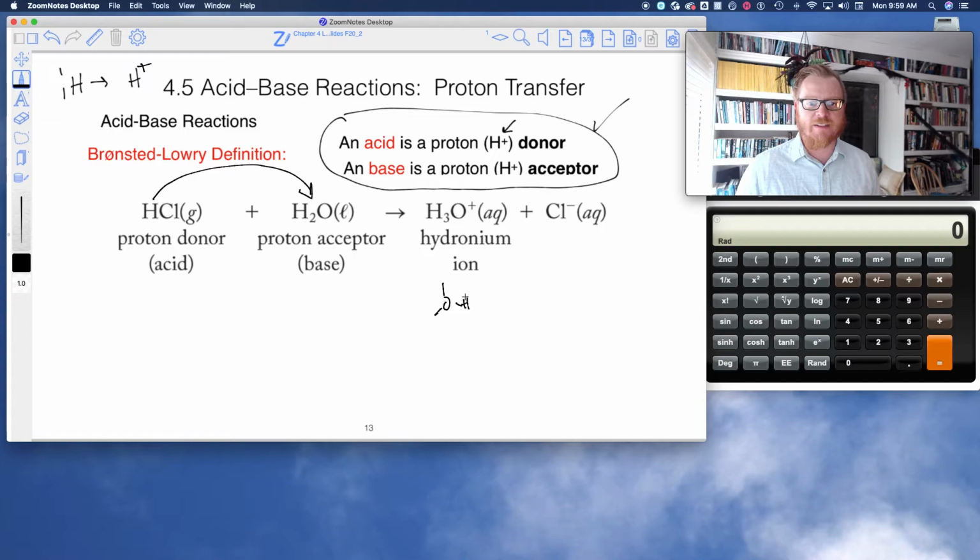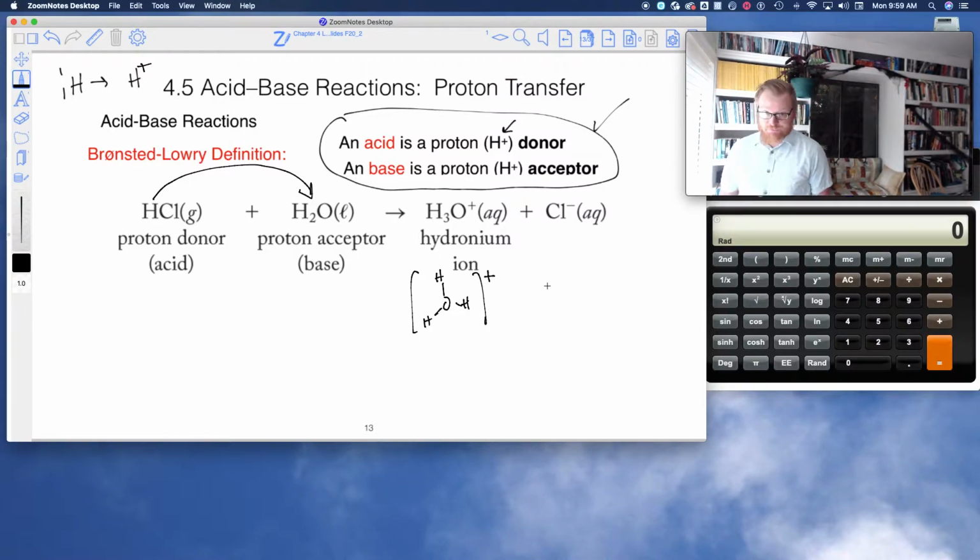It's an oxygen surrounded by 3 hydrogens, and it has a positive charge, okay? And then, of course, we're left with a chloride because the HCl bond broke up and gave us a chloride, okay? There's another shorthand way that we can write this reaction, and I'll show you what that is.